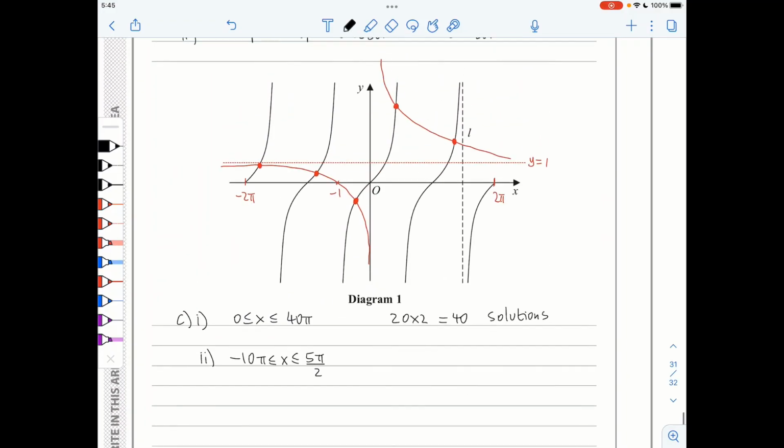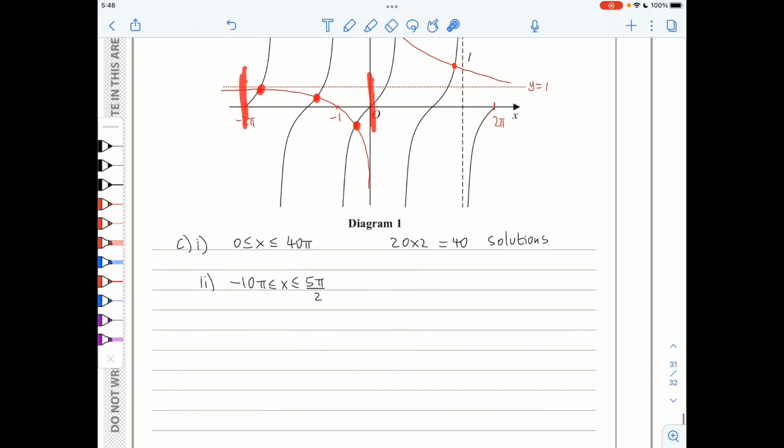So in the negatives, so from 0 up to minus 10 pi, we have 5 intervals of length 2 pi. Each one will be having 2 solutions, apart from the first one, which is having 3. All others will be having just 2 solutions. But the first interval from 0 to negative 2 pi is having 3 solutions.